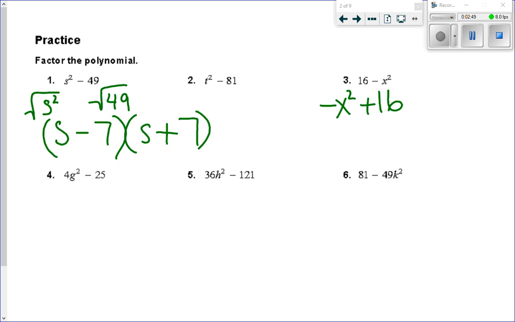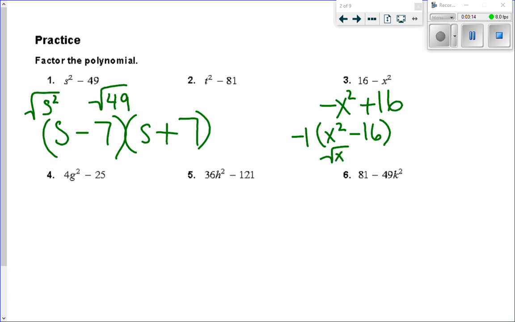The first thing we need to do is check for a GCF, and we've got one in the form of a negative 1.